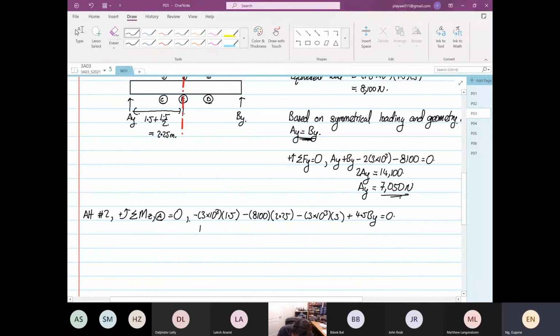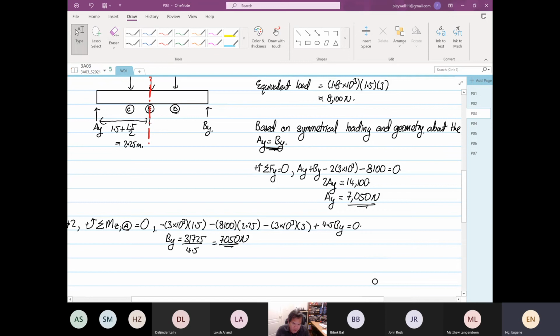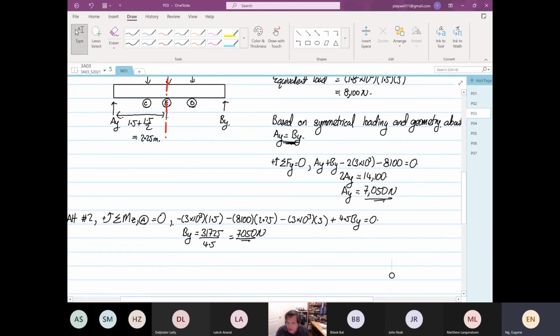So BY will be equal to 3 times 10 to the power 3 times 1.5 plus 8100 times 2.25 plus 3 times 10 to the power 3 times 3, which is 31,725, divided by 4.5, equal to 7050 Newton. It's the same. So don't worry if you don't know the rules of symmetry; if you are unsure, the answer will be exactly the same.